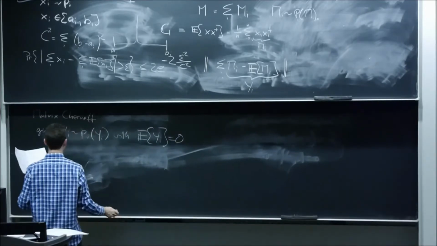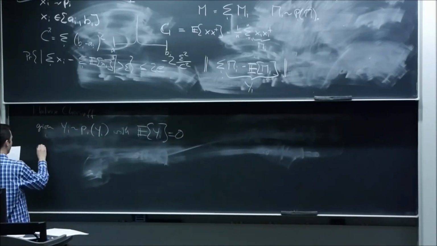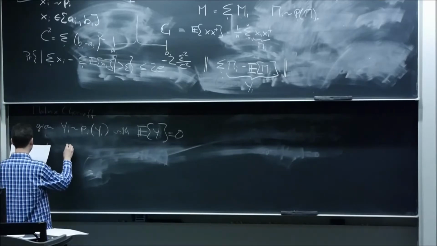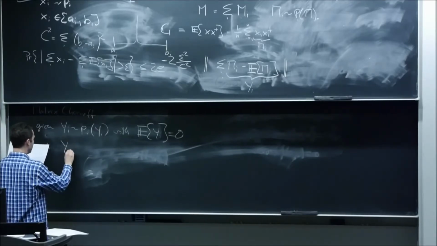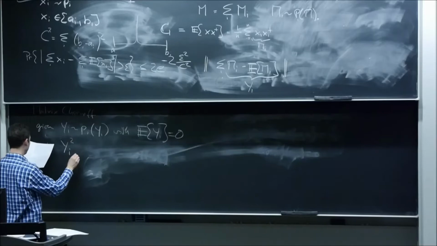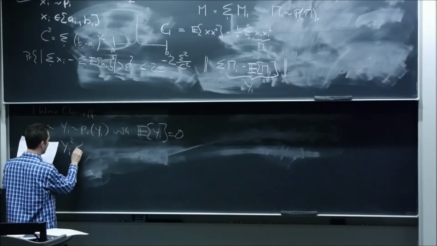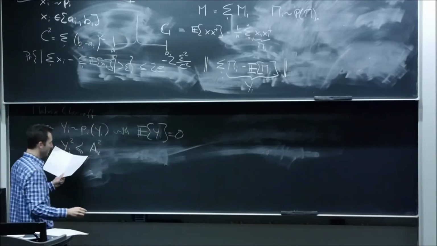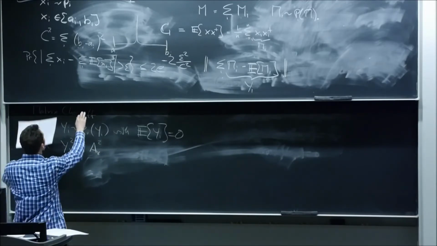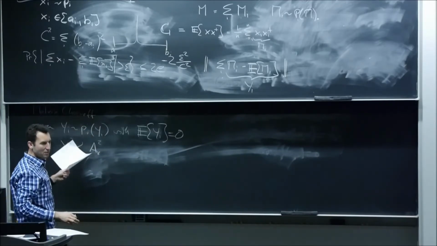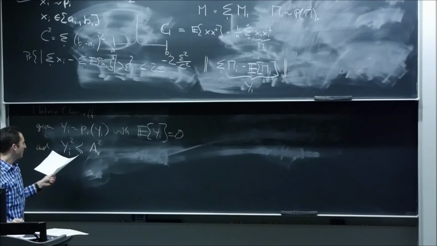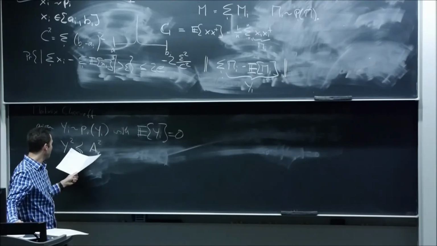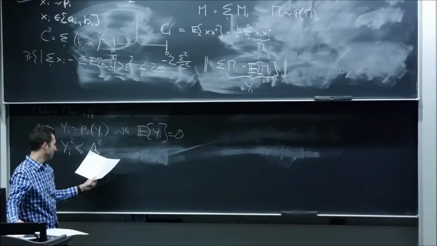And furthermore, that the Yi squared matrices are less than or equal to some A_k squared. So this is basically the equivalent of this box constraint. So we basically need to make sure that in their norm, those matrices here are bounded.